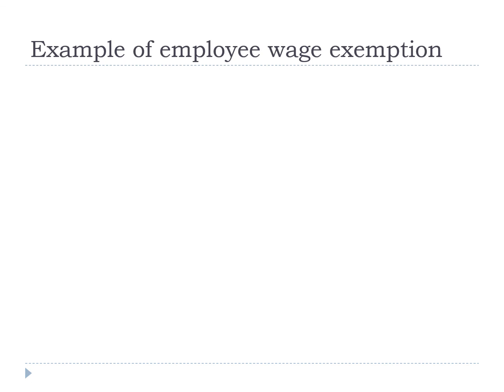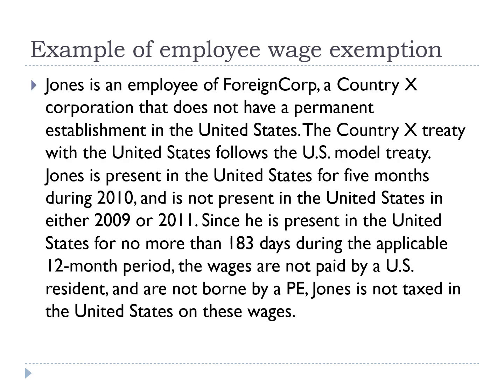Here's an example of the employee wage exception. Jones is an employee of Foreign Corp., a Country X corporation that does not have a permanent establishment in the United States. The Country X treaty with the United States follows the U.S. Model Treaty.